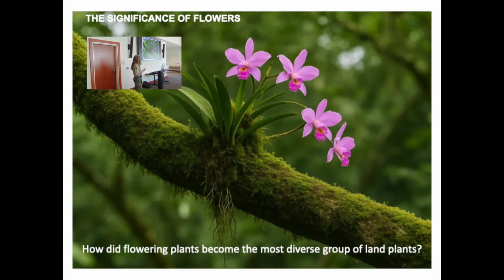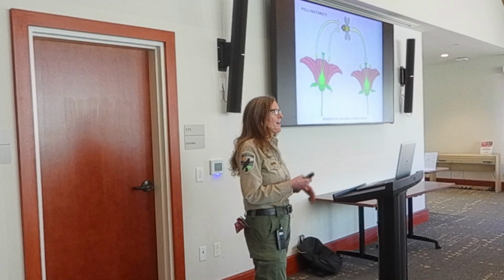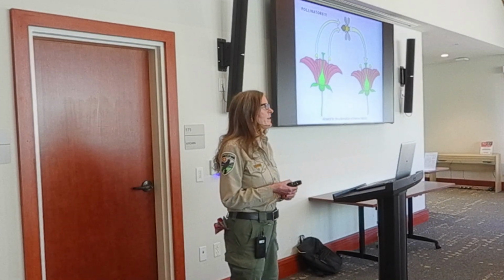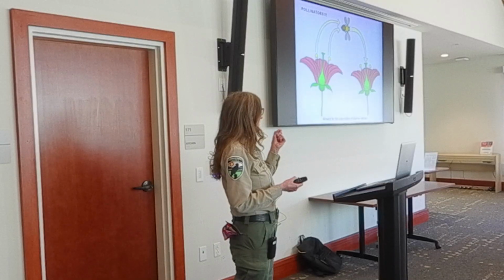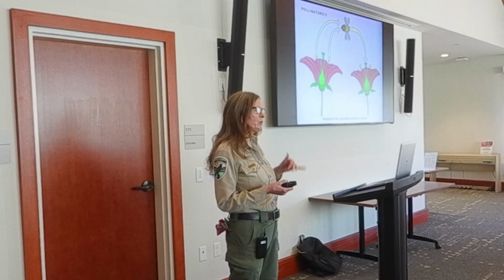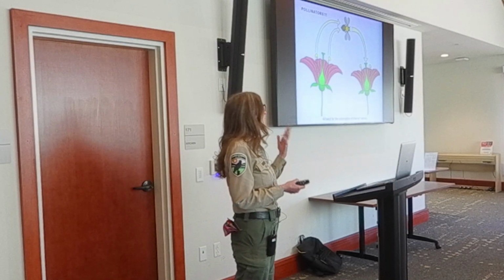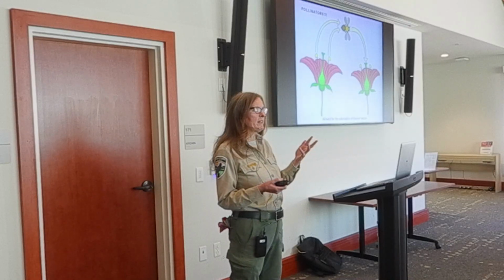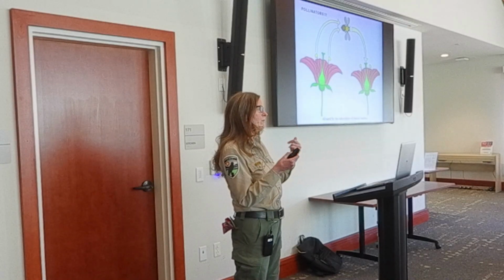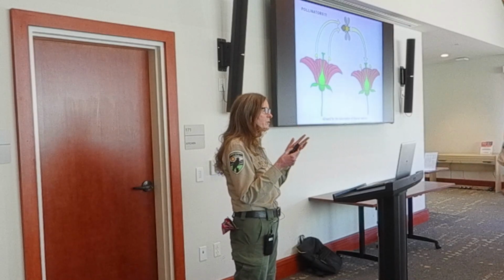So how did they become the most diverse group of land plants? One of those things is because they got help. If you think about it, earlier I mentioned that if you had spores, you have to have water, right? The gymnosperms were wind pollinated, and so they could only really grow and reproduce in areas where the wind was just right.